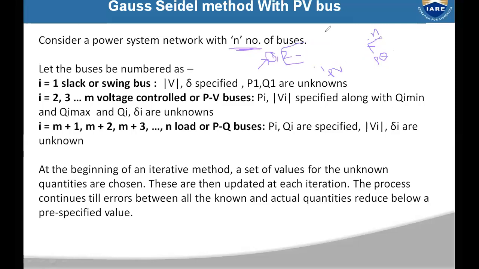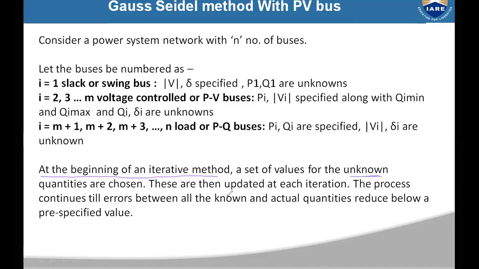Now we discuss the Gauss Seidel method of power flow solution for these buses, now considering the PV buses also. At the beginning of an iterative technique, a set of values for unknown quantities are chosen, and then these are updated at each iteration. Initially, in any iterative technique, you have to assume some values for unknown variables.